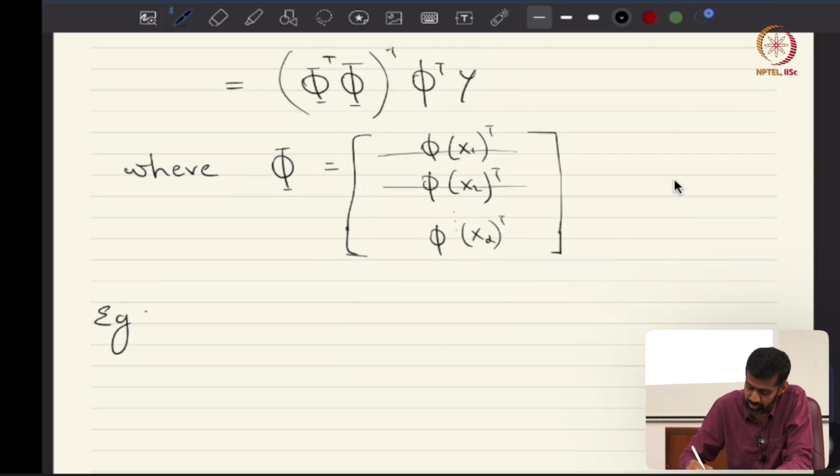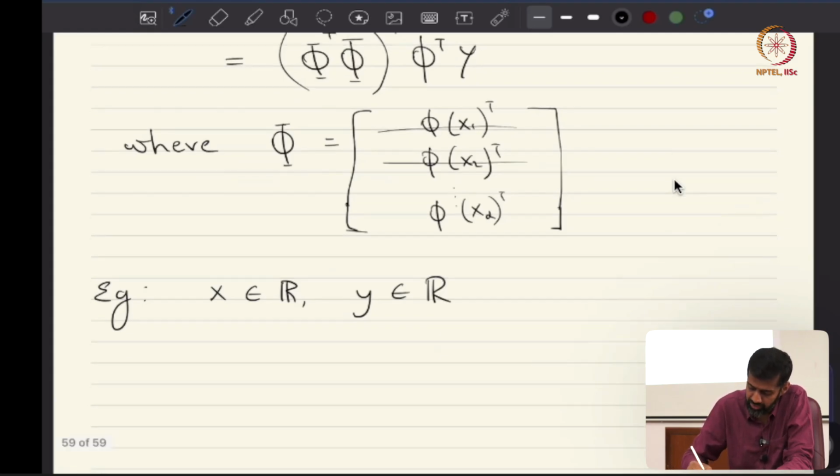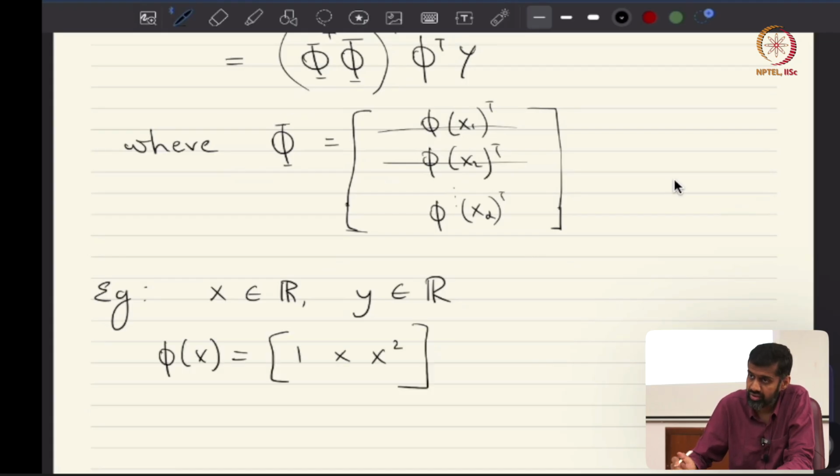Example is, suppose x is in R and y is in R. Okay. Now suppose I define my phi of x as 1, x, x squared, right?